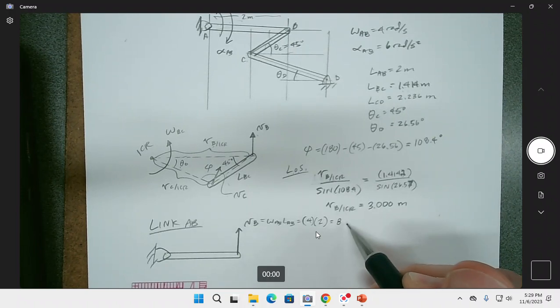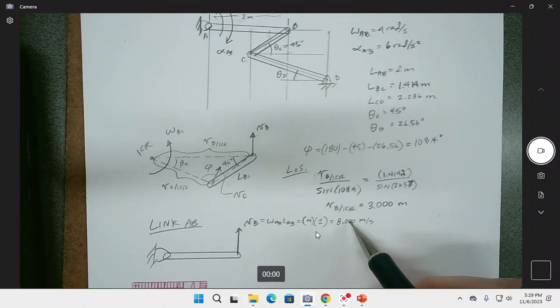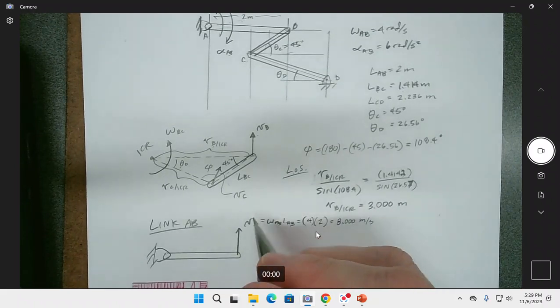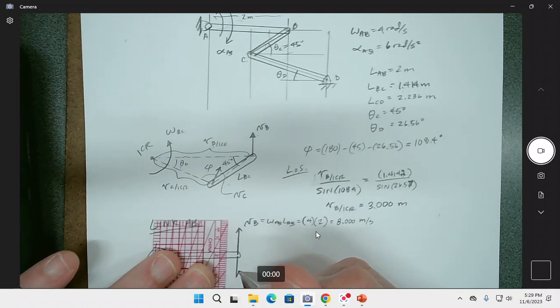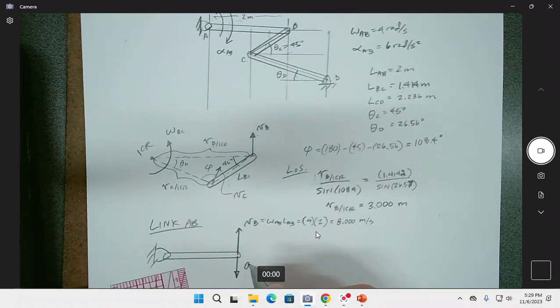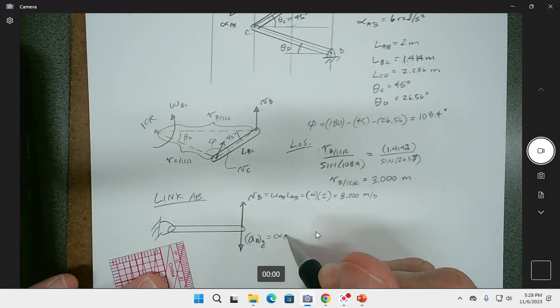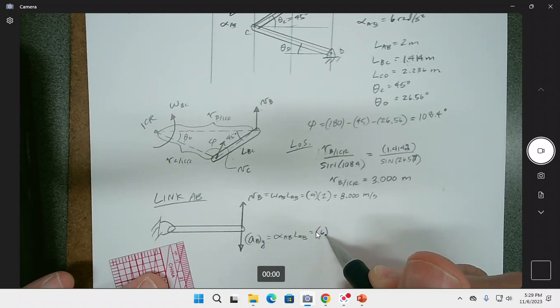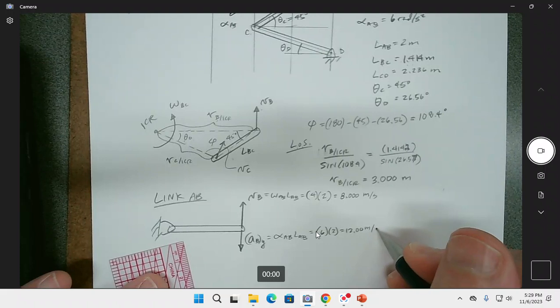So that's going to be 8, and like you're saying, Kyle, I'm putting the extra zeros in there because I kind of got into a habit of doing it. And then while we're here for the acceleration, find the acceleration of B in the y direction, or you could call this the tangential one if you wanted to. Alpha AB, LAB. So we get our 6 times 2, or 12 meters per second squared.